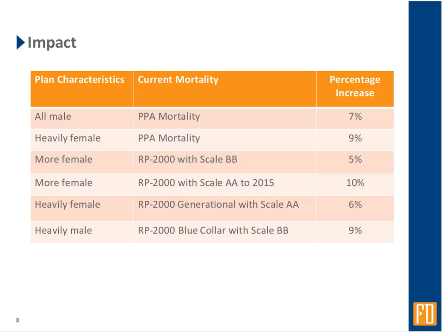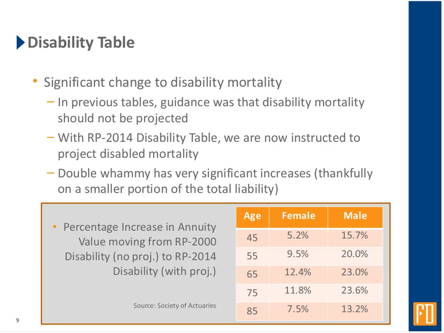I will point out on the last one here, the 9% increase for a heavily male population using a table that was already using the scale BB methodology, it seemed a little bit high at first when I evaluated it, but when we dug into some of the details, we realized that, with that particular plan, we had a lot of disabled participants.